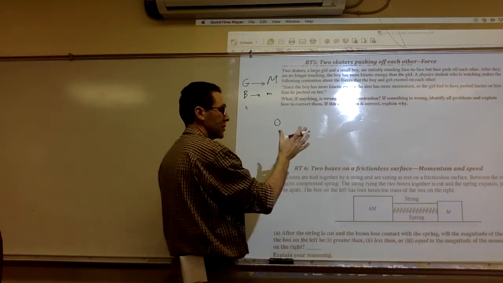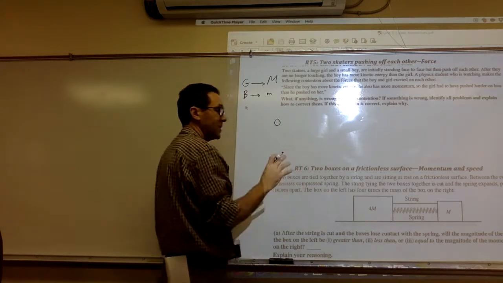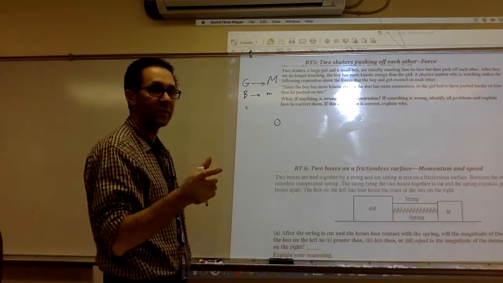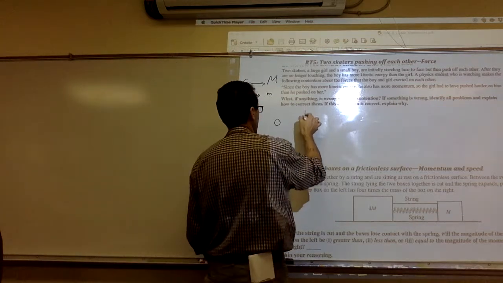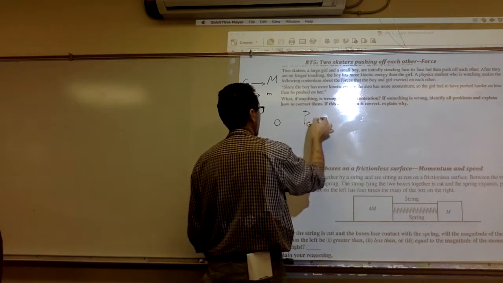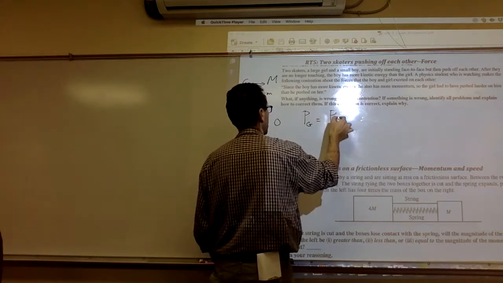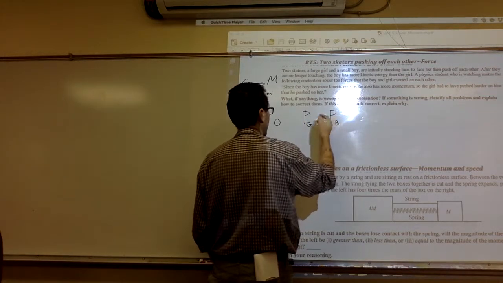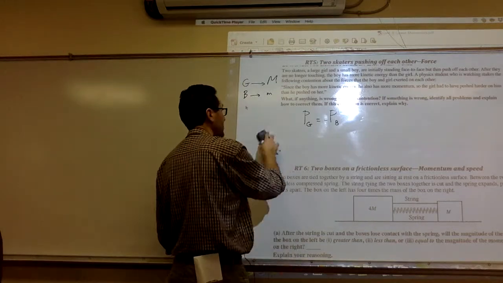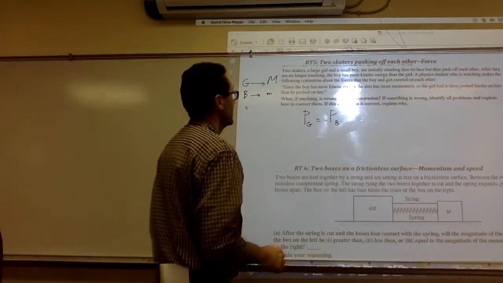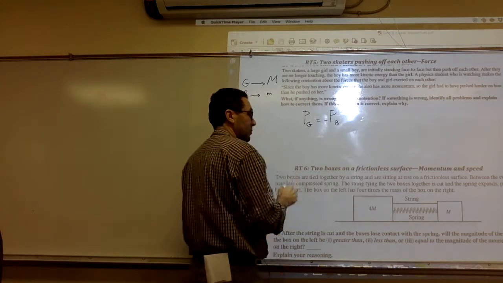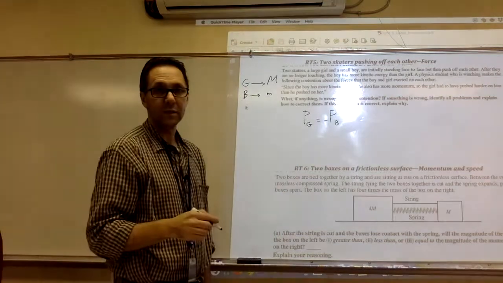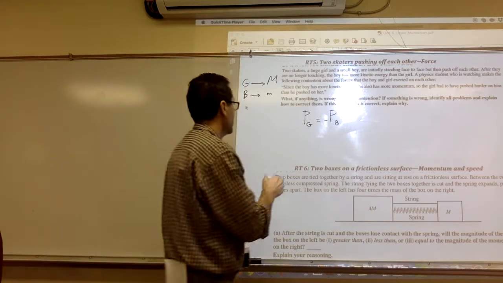Now, when they push off each other, they have to have the same magnitude of momentum, but just in opposite directions. So the momentum of the girl has to be equal to the momentum of the boy, but with a minus, I guess, right? But in terms of magnitude, it's the same. Okay? Now, which means that change in momentum was the same, right?